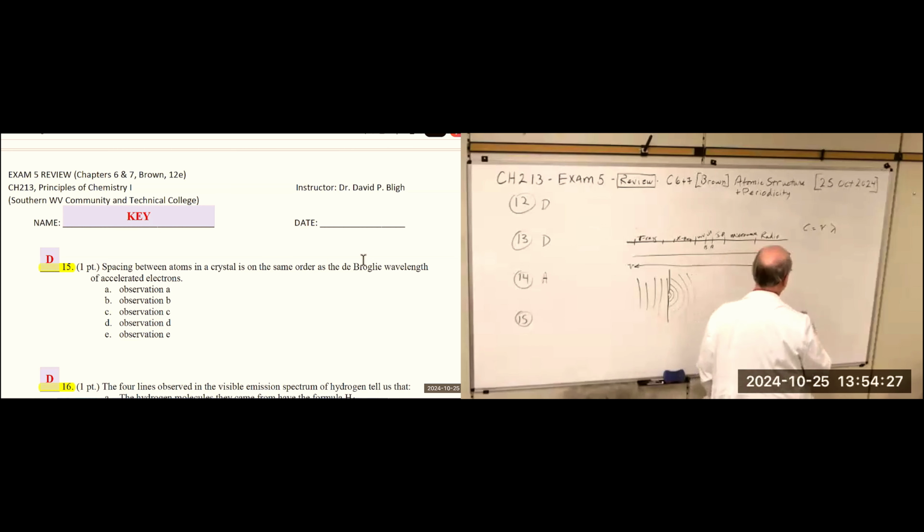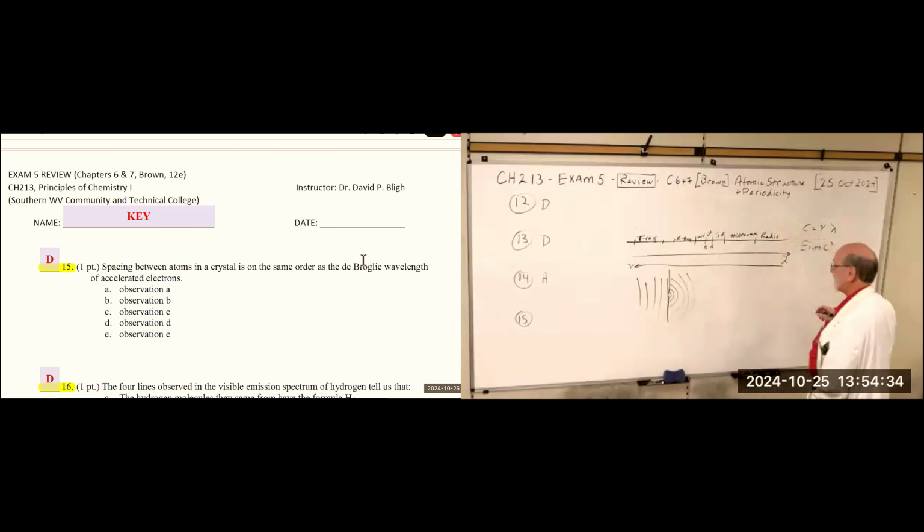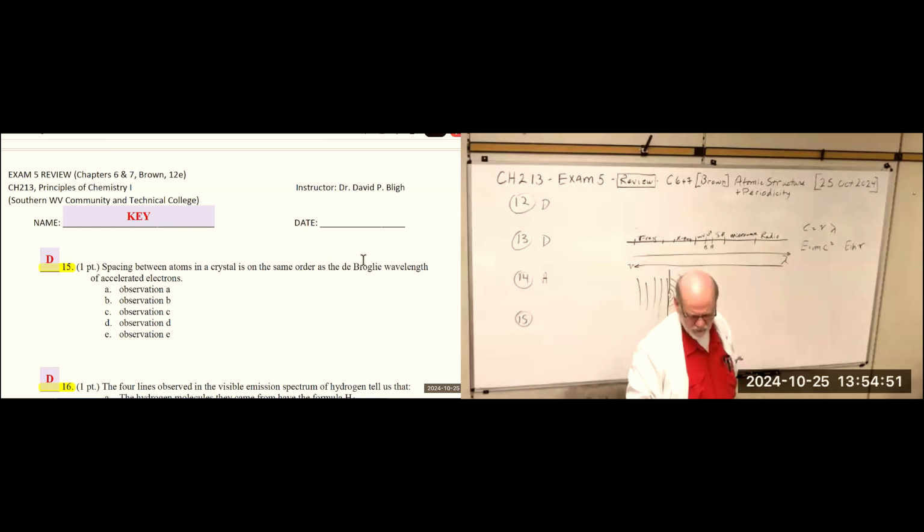So he took Einstein's equation. That, and he took Planck's equation, which incorporates some wave characteristics, h nu, like that, and he equated the two, right?